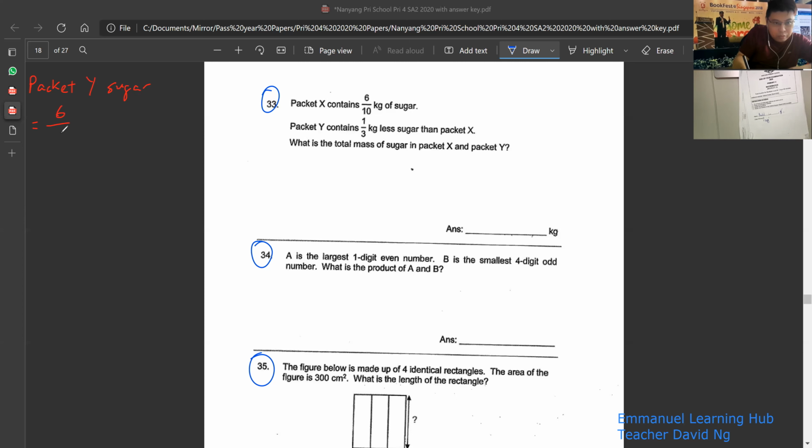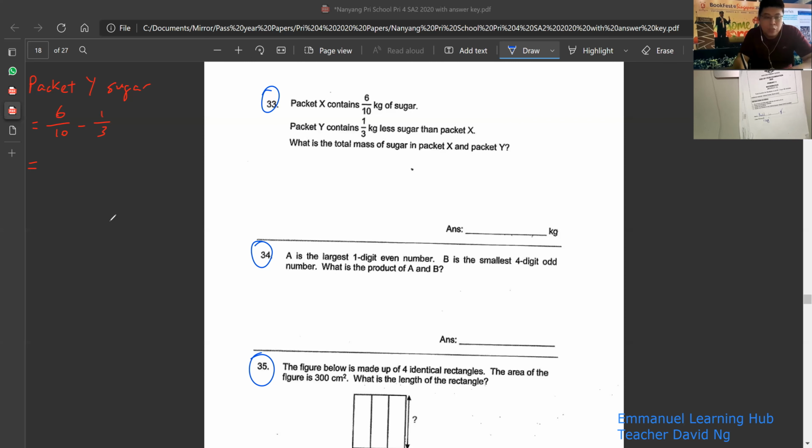Okay, how do you go about doing this? What must you do with the denominator? The denominator must be the same.